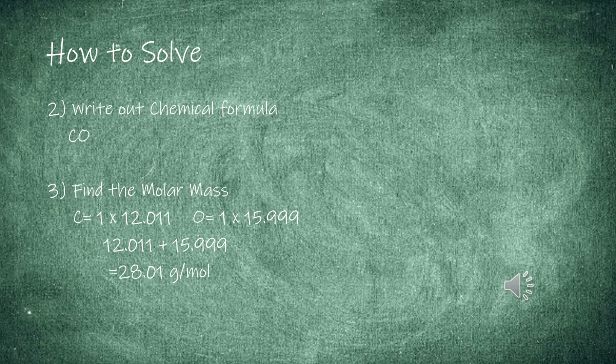Now step 3 is you need to find the molar mass. To find the molar mass you need to write out each element separately, and then find out how many of them there are. As you can see, for carbon monoxide, there's only one carbon and one oxygen atom.